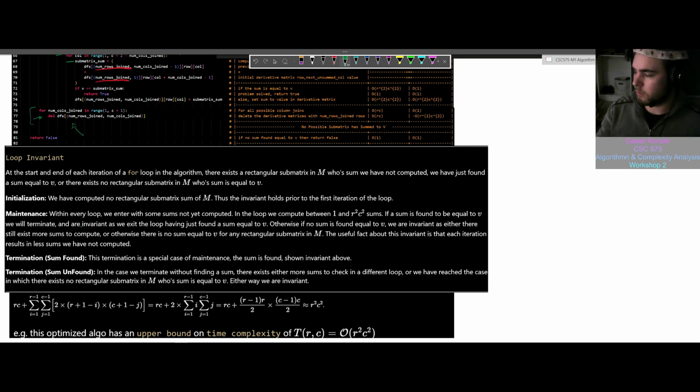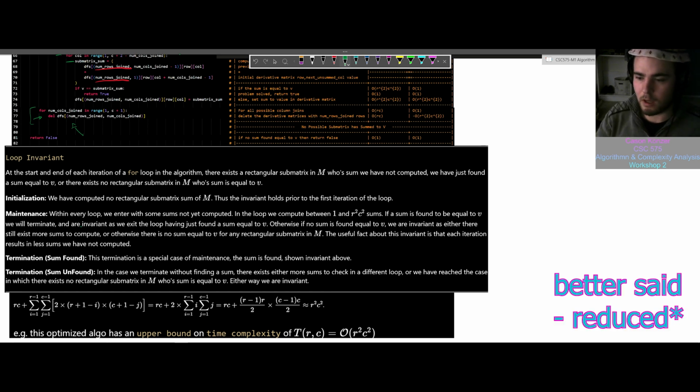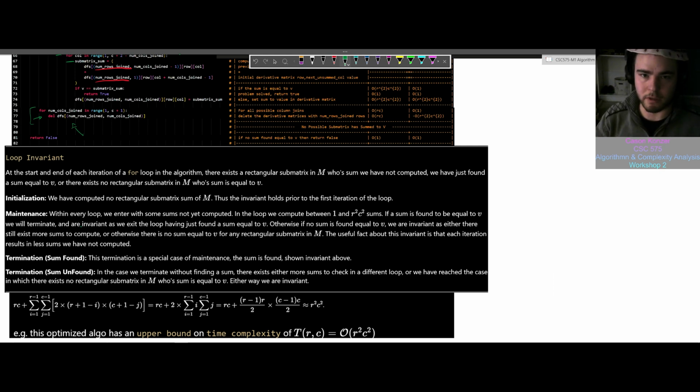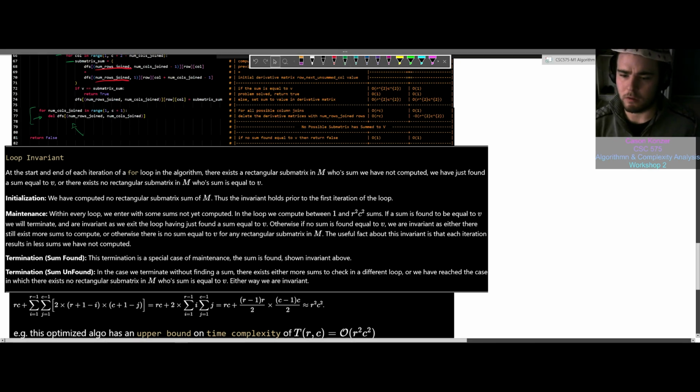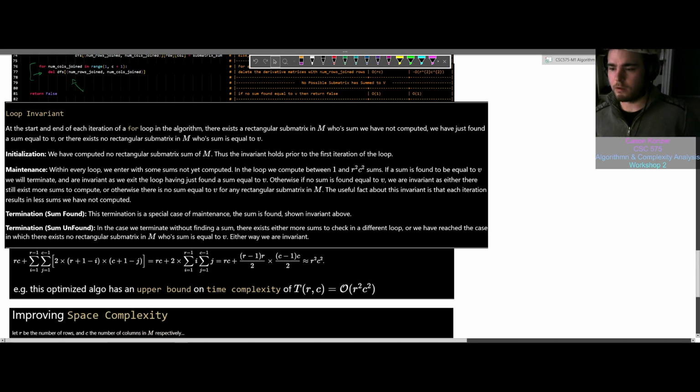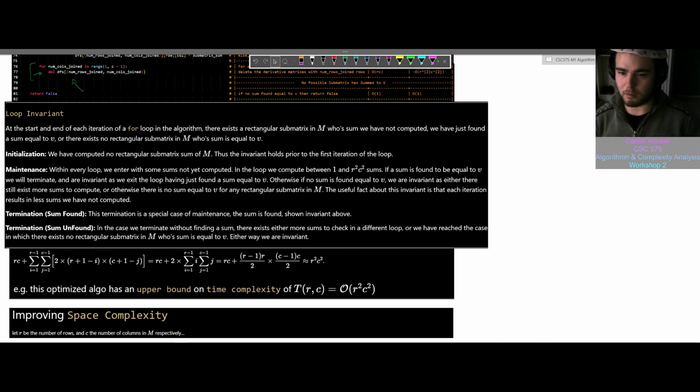During the maintenance, what we leverage is that we are computing sums. So the number of sums which we have not yet computed is minimized each iteration of the loop. And I will mention just briefly that we never compute the same sum twice in this algorithm either. There are two things that can happen in this maintenance, both of which lead to different types of termination.